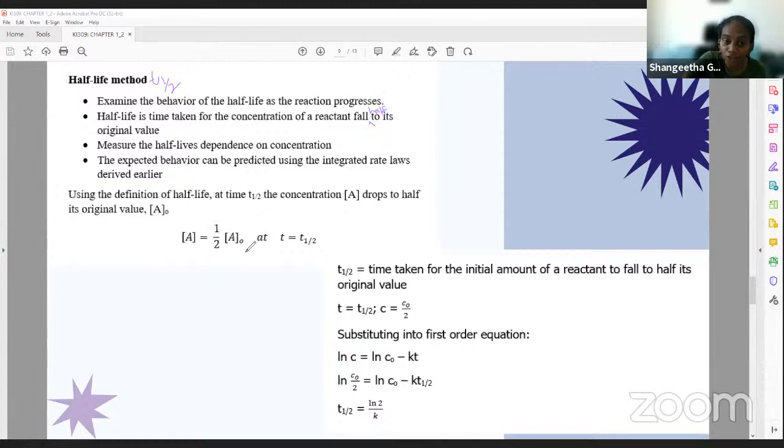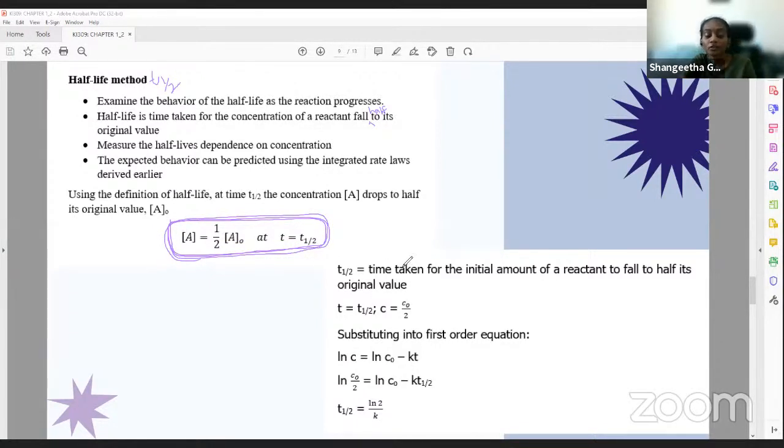A naught is your initial concentration. So half of A naught is the concentration of A at half-life. This is the meaning of half-life that you must remember. Very, very important to remember for your first order rate law.